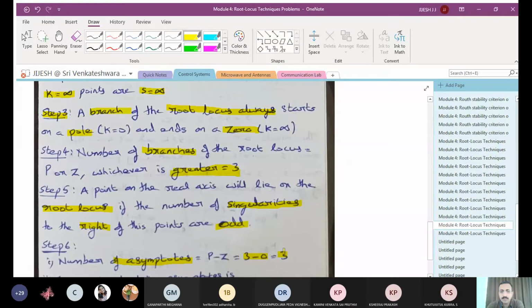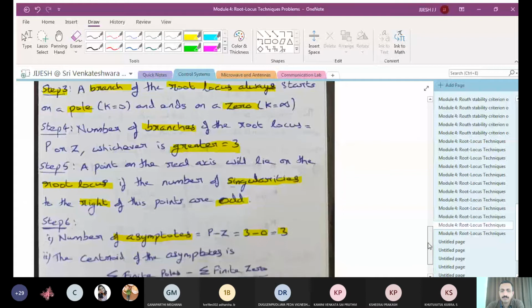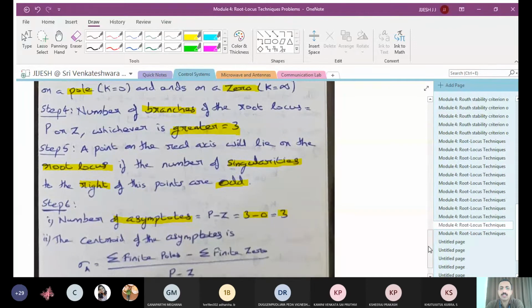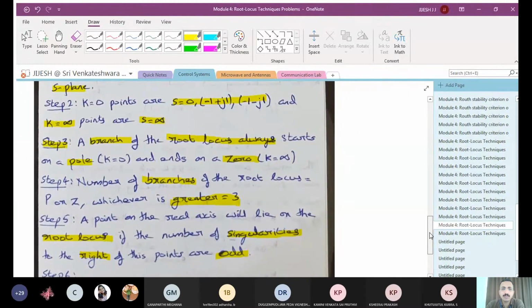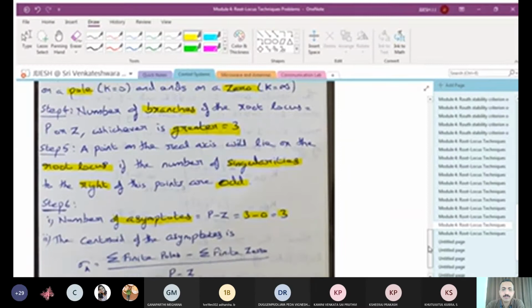So where is the centroid? What is the value of the centroid? You need to take the summation of finite poles minus the summation of finite zeros, divided by the number of poles minus the number of zeros. What is the summation of poles? It is 0 plus minus 1 plus j1 plus minus 1 minus j1. What is the sum of that?